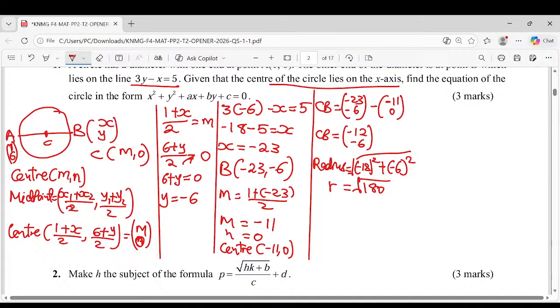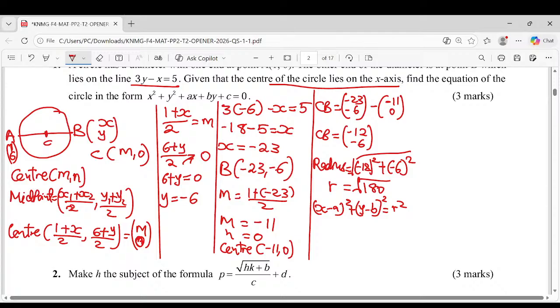After getting that as our radius, we want now to find the equation of the circle. How do you get the equation of the circle? Remember, x minus a squared plus y minus b squared should be equal to r squared. That is the general equation of the circle, where a and b are the coordinates of the center of the circle.